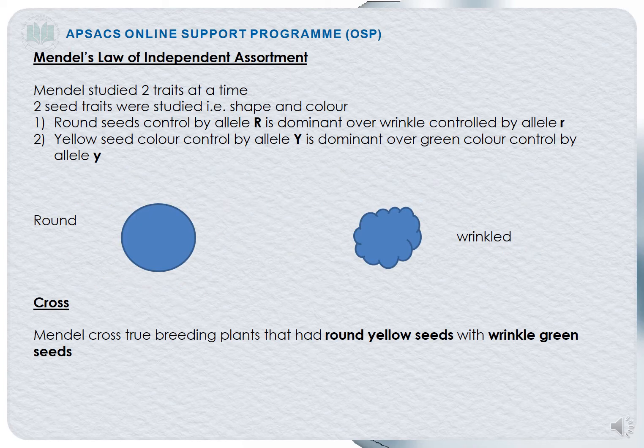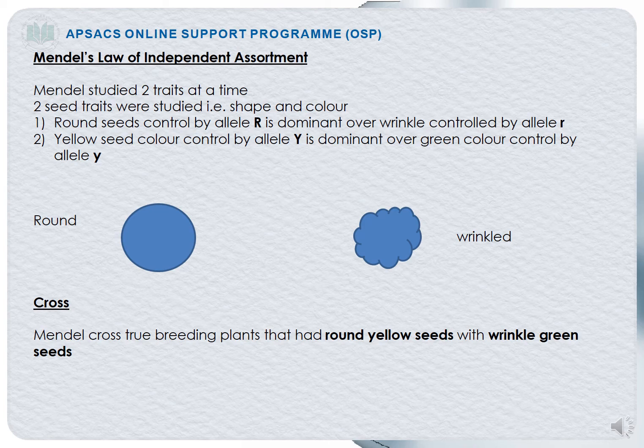The second law is Mendel's law of independent assortment. It is also known as a dihybrid cross because here Mendel studied two contrasting traits at a time. He performed experiments on two traits, that is seed shape and seed color.